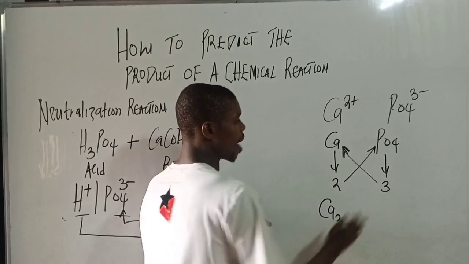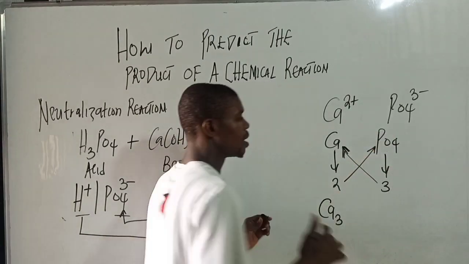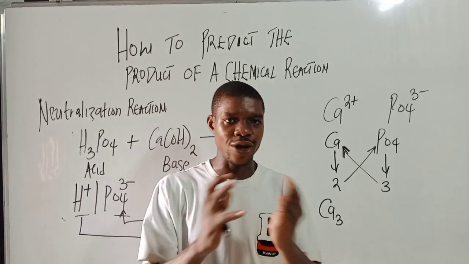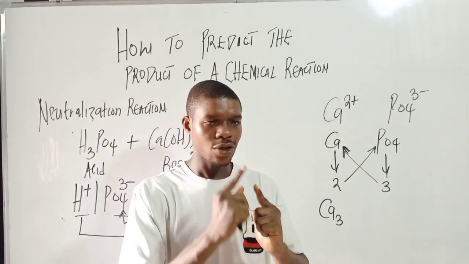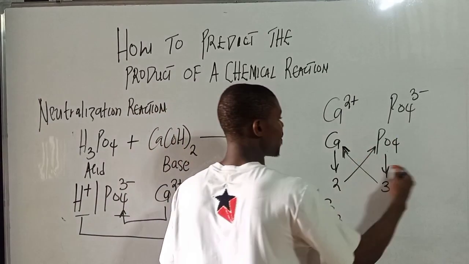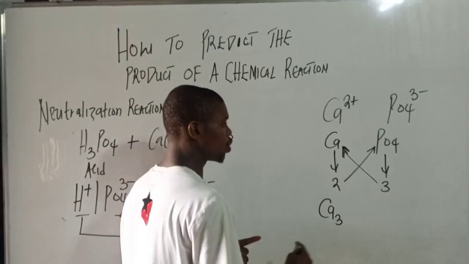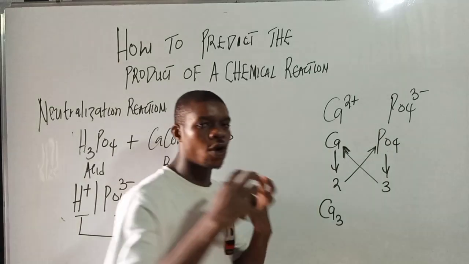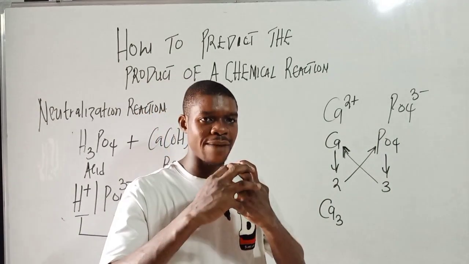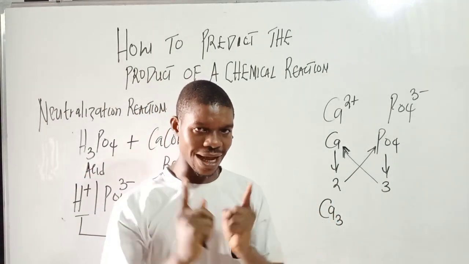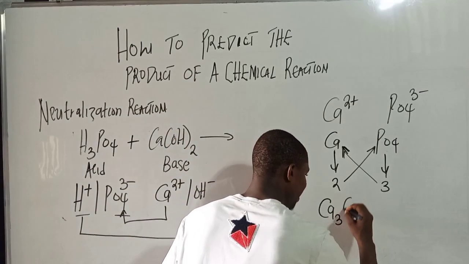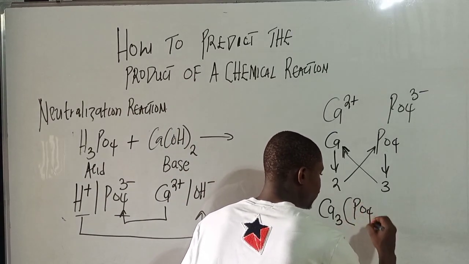So when you move here, we have Ca3, right? Now, when I ask for the PO4, you treat them as a group. Do that as one. So these two will affect all of them. So for you to group them, put them in a bracket. So here we have a bracket here, PO4.